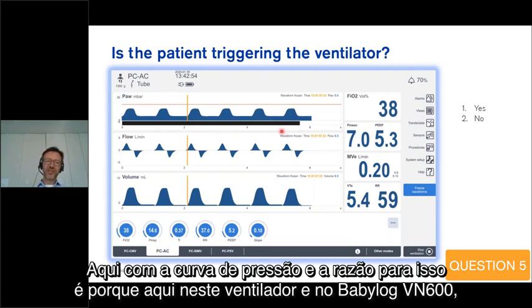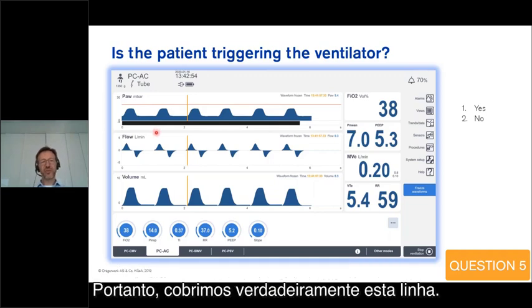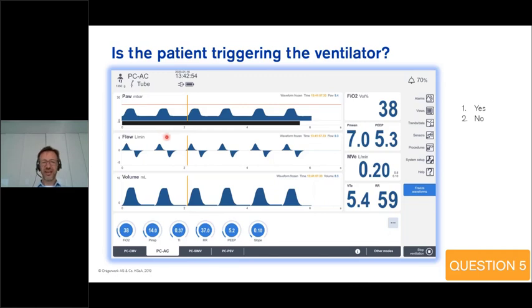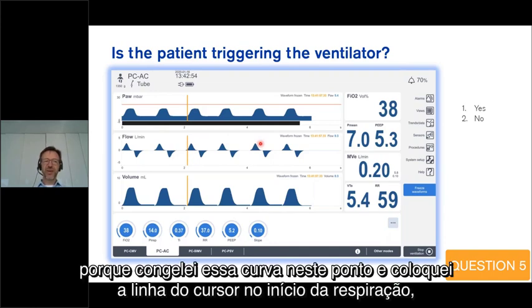The reason for this is that in this ventilator, the Babylog VN600, every trigger is illustrated by a small bar below the pressure curve, and therefore it covers this line. Nevertheless, I will help you a little with answering this question, because I have frozen this curve at this point and put the cursor line at the beginning of the breath.